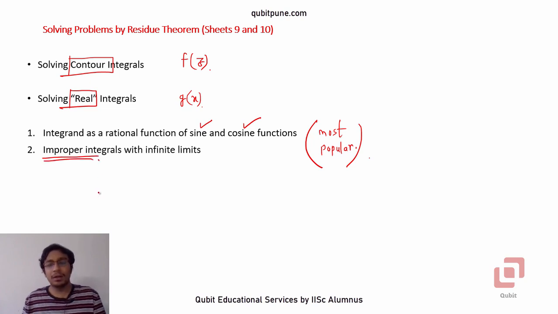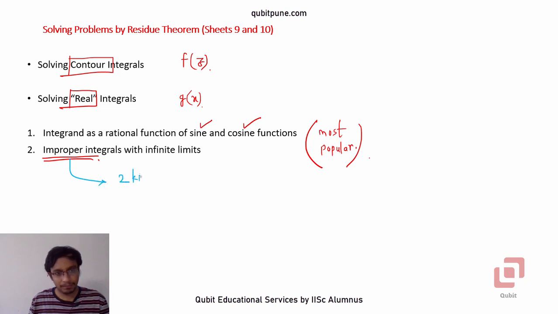Now because we have not yet covered what improper integrals are, let me remind you that there are two kinds of improper integrals. Remember, now we are talking about functions of real variables. These two kinds are respectively as follows. In the first, we have one or both limits as infinity.